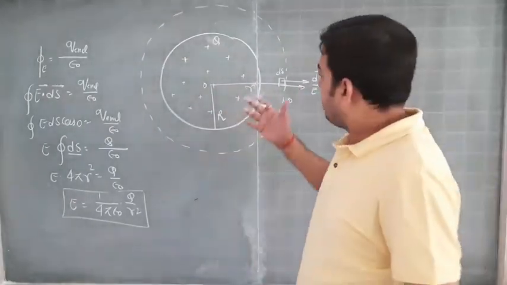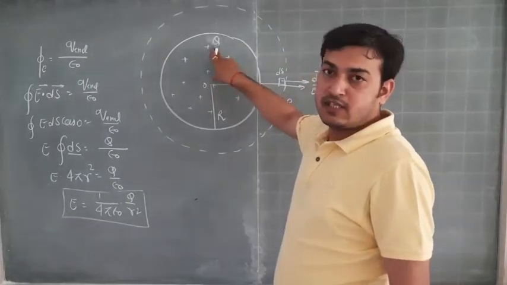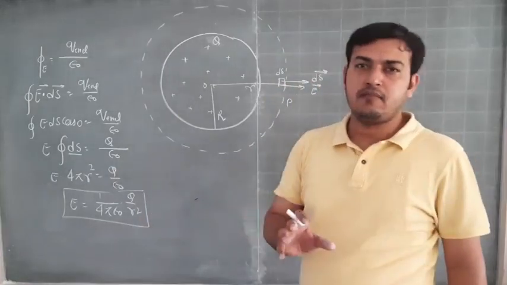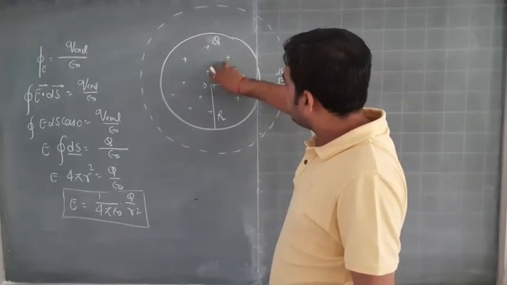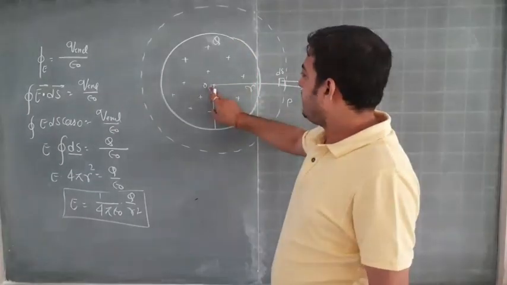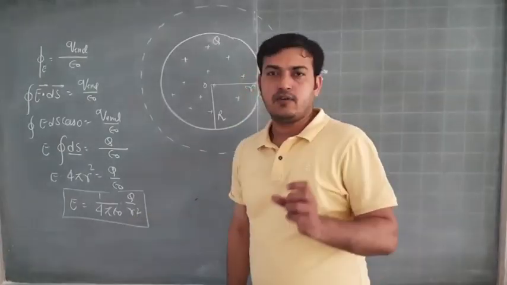It means whether I have a charged shell or a non-conducting sphere with the same charge Q, at the same distance the field will remain the same, and it behaves as if its whole charge is concentrated at its center. So if the whole charge is here and this point is at a distance of r, it is the electric field due to a point charge.